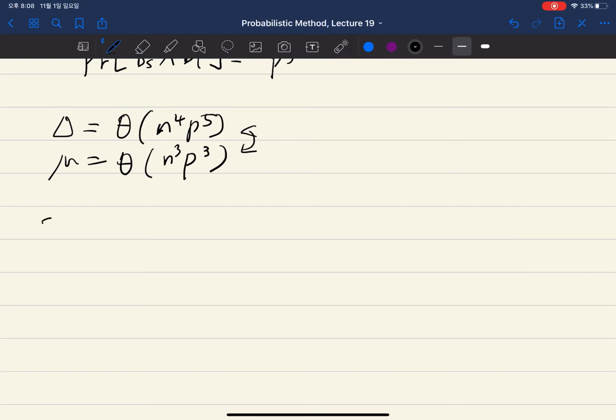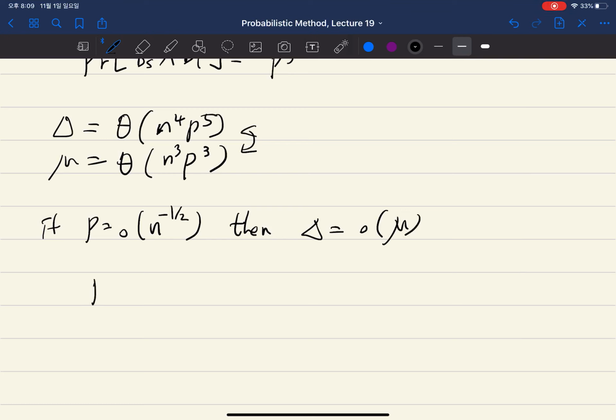So if p is little o of n to the minus half, then n p squared goes to 0. So then in that case delta becomes little o of mu.